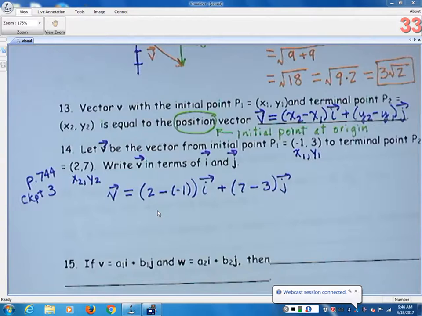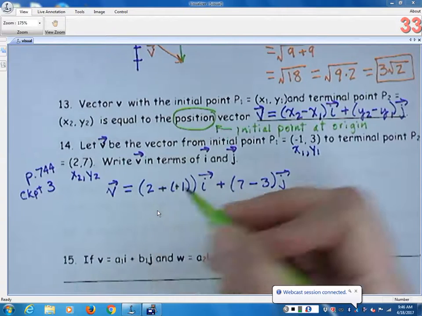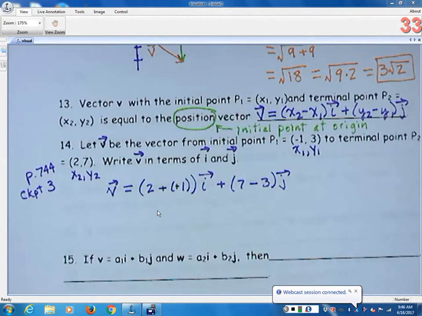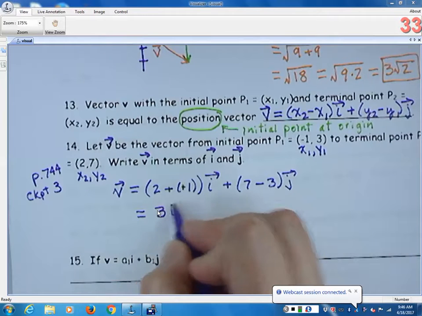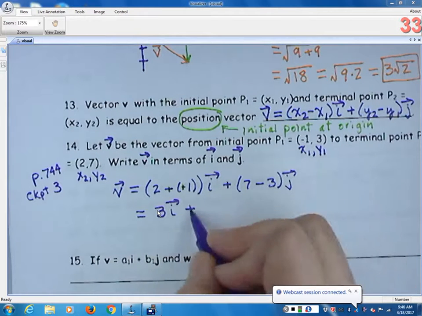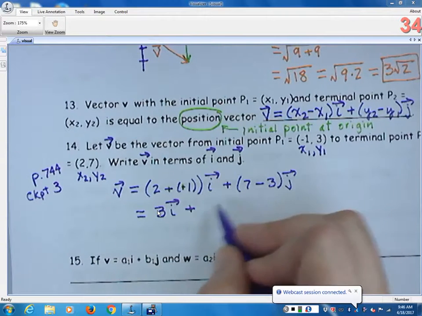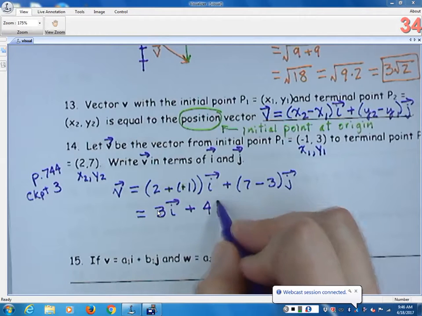Then we change signs here. So we have 2 plus 1 is 3i, and 7 minus 3 is 4j.